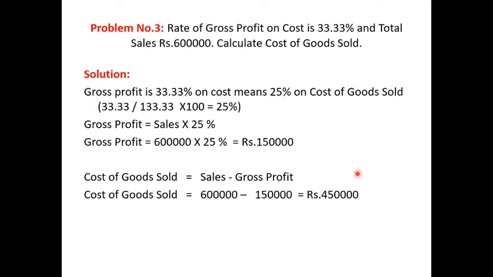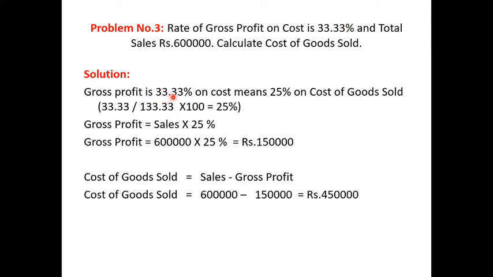Next, third problem. Rate of gross profit on cost 33.33% and total sales rupees 6 lakh. Calculate cost of goods sold. So here gross profit on cost is given 33.33%, but cost of goods sold is not given, sales is given. First we need to convert this gross profit percentage on cost into sales.